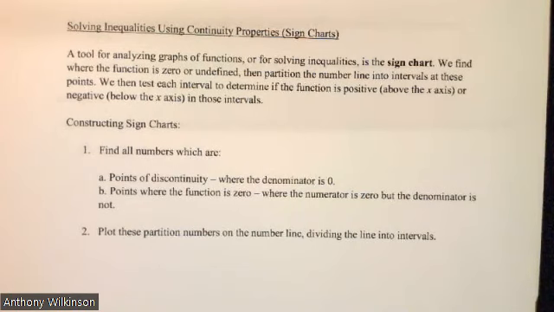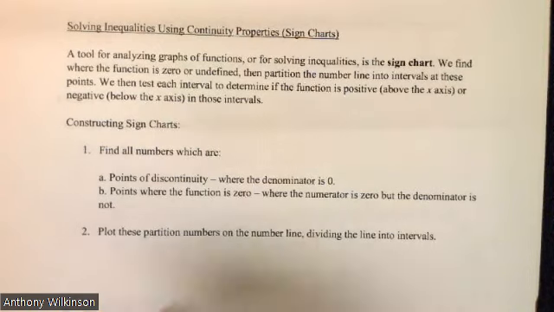So for constructing sign charts, you're going to find all the numbers which are points of discontinuity, where the denominator is 0, and points where the function is 0. That's where the numerator is 0, but the denominator is not. And then second, you're going to plot these partition numbers on a number line, dividing the line into intervals.